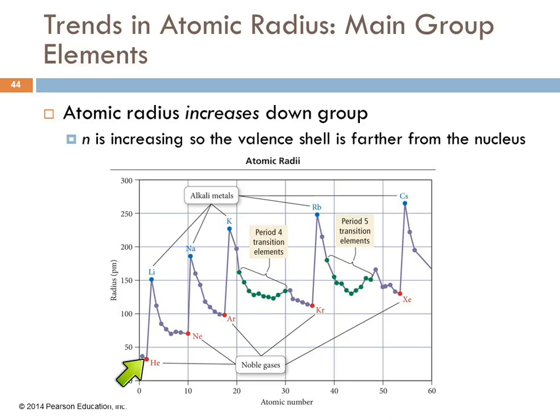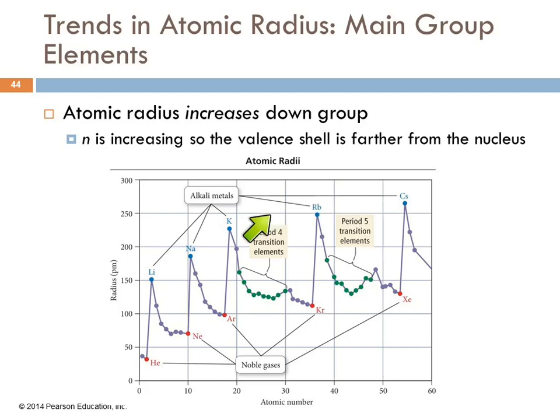Here's hydrogen and helium. Helium is smaller than hydrogen. And then there's this big leap to lithium. And then the radius goes down as we go across to neon. And then it jumps up to sodium, and then it goes down. And so there's these patterns. Here's the transition elements. They do this kind of loopy thing. They're just not real predictable for anything. And then it keeps going down, jumps up again, comes down. Little blip here with the transition elements.